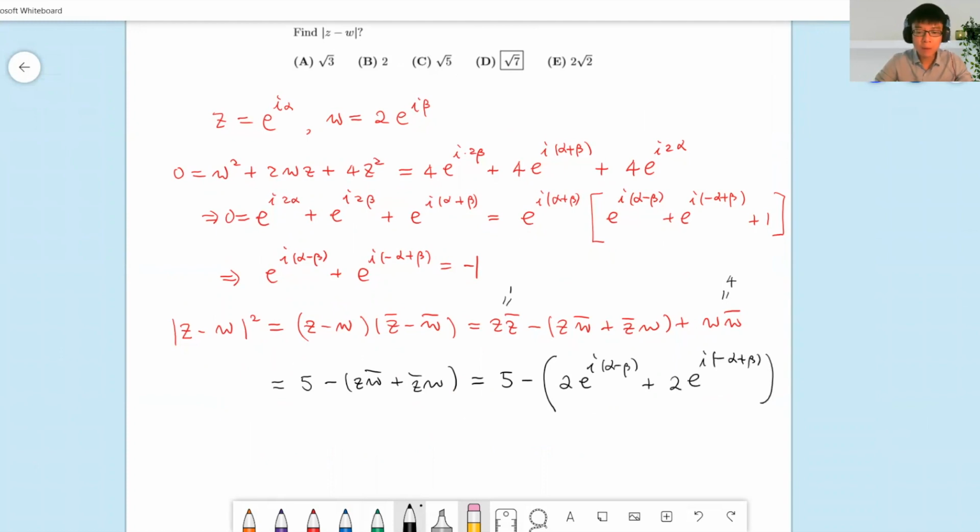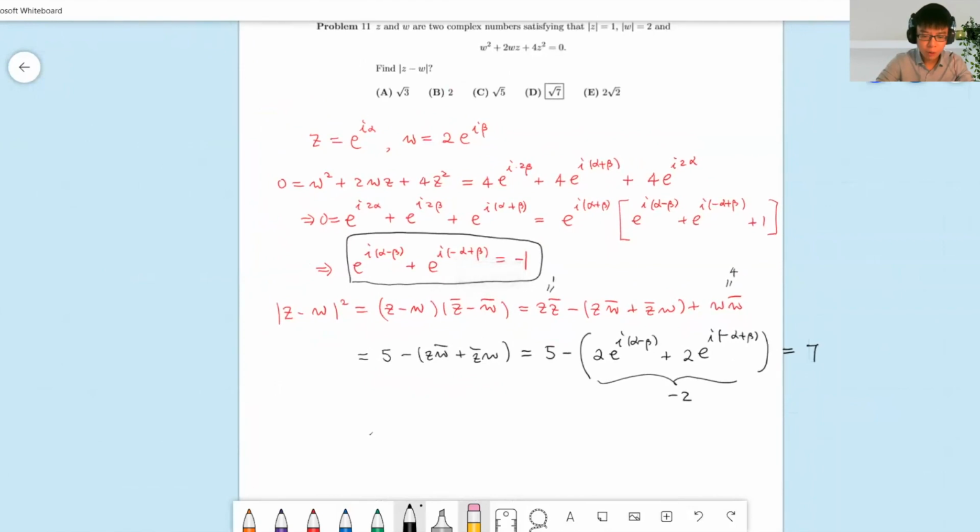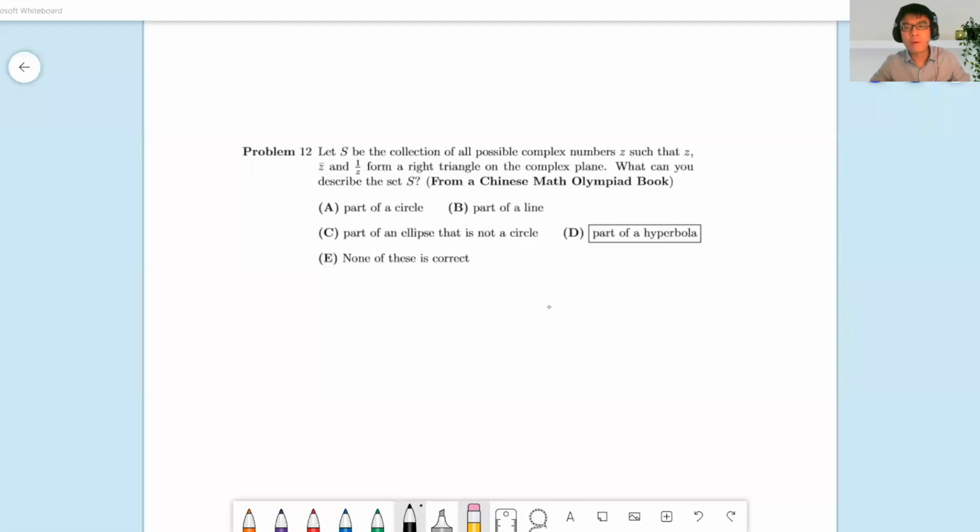From the above computation, we see that this is minus 1. That means this parenthesis equals minus 2. In other words, the total value here is 7. And then we can take the square root, we get root 7. So the modulus of Z minus W is simply root 7. That's the answer here.